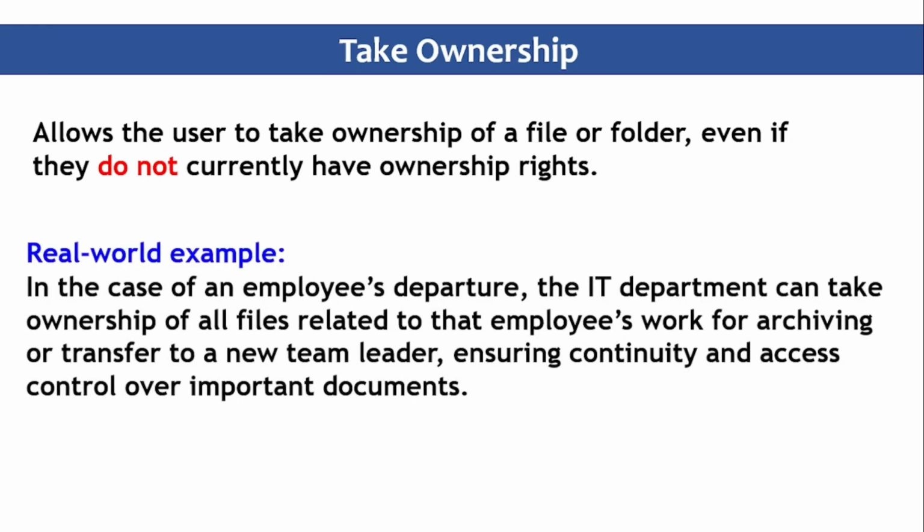Real life example: in the case of an employee's departure, meaning if an employee leaves the organization, the IT department can take the ownership of files and folders for that employee, and they can either archive them or transfer the rights to some other person, a team leader, ensuring continuity and access control over important documents.